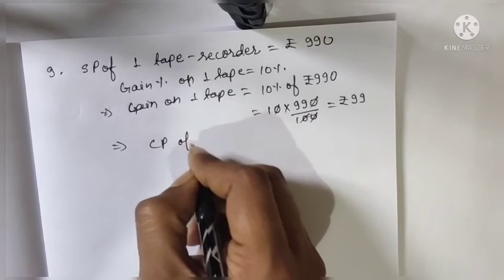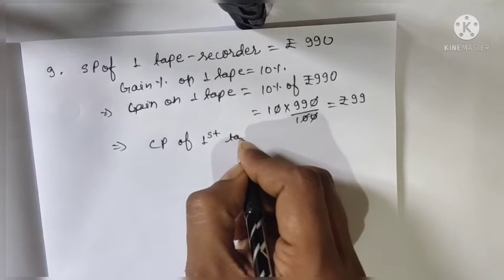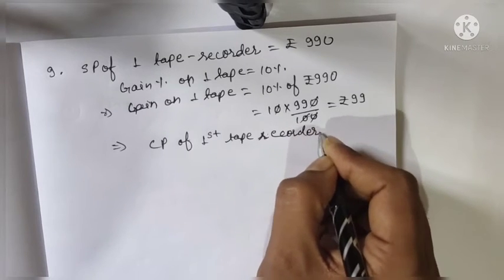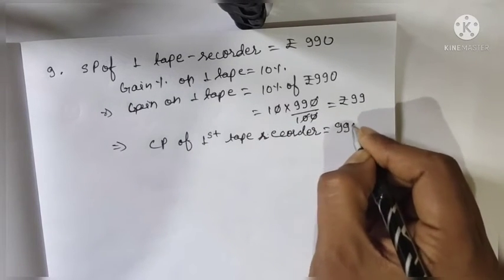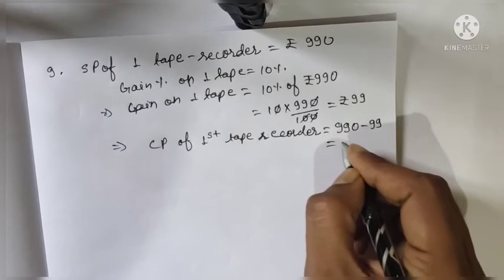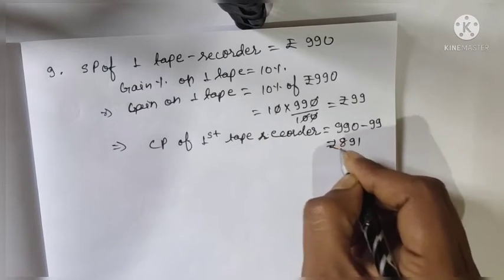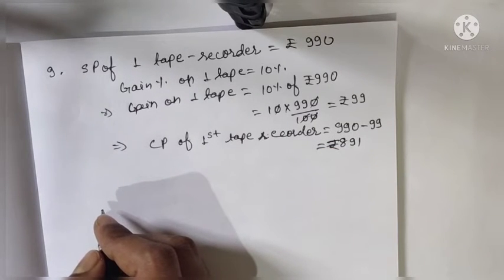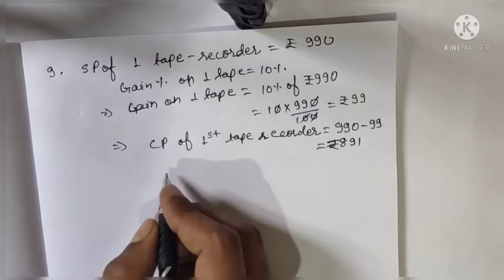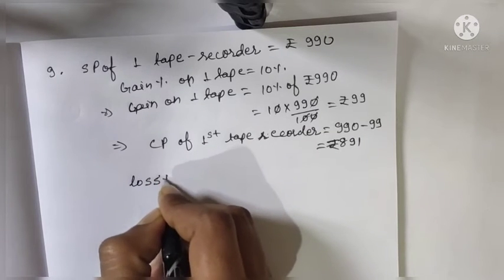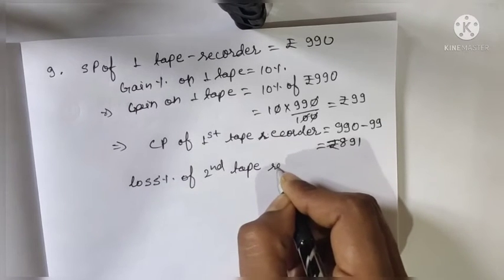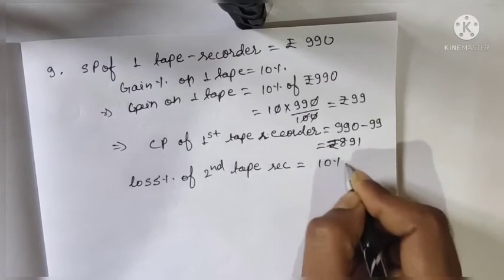That implies CP of the first tape recorder will be equal to 990 minus 99 is equal to 891. And now we are going for the next part of the question, that is it loses 10% on the other, meaning loss percent on the second tape recorder is equal to 10%.